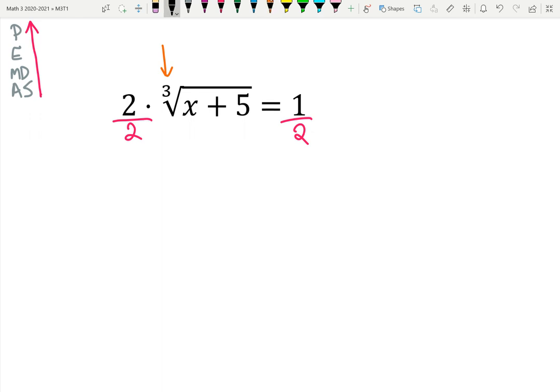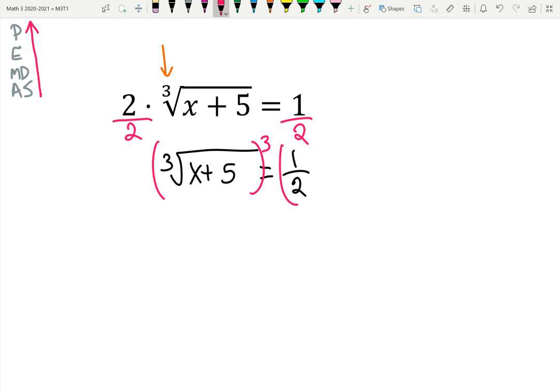So this is going to turn into the cube root of x plus 5 equals 1/2. Now I'm going to address the radical by raising both sides to the third power. I had to do multiplying and dividing before I dealt with the exponent. This is going to be x plus 5, which is equal to 1/2 to the third.